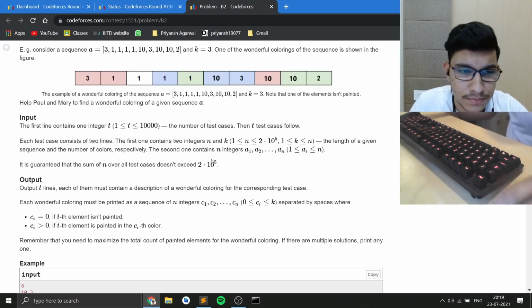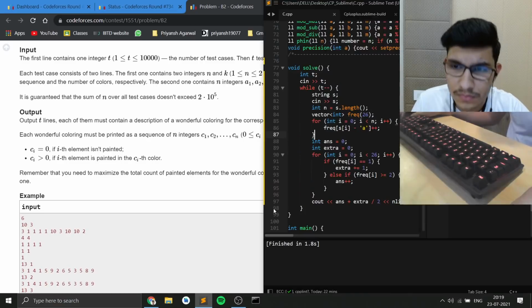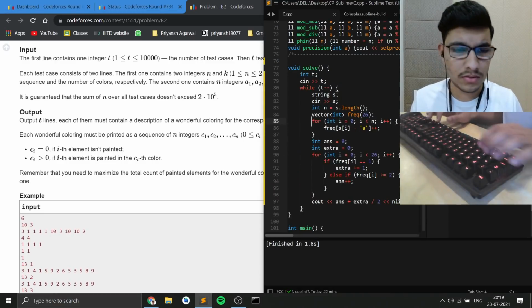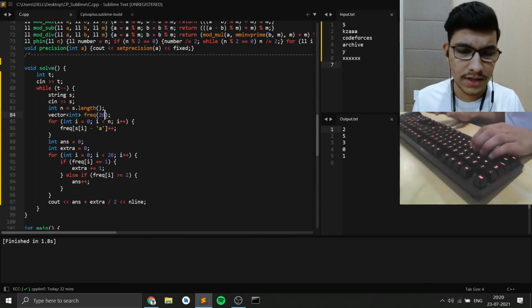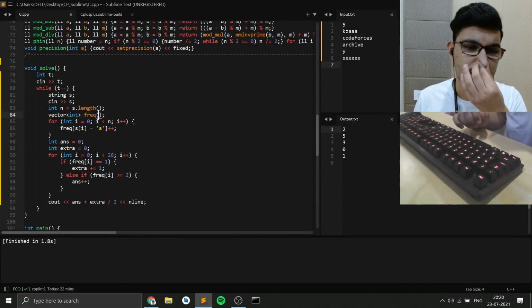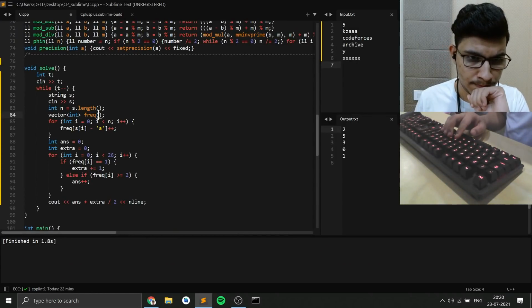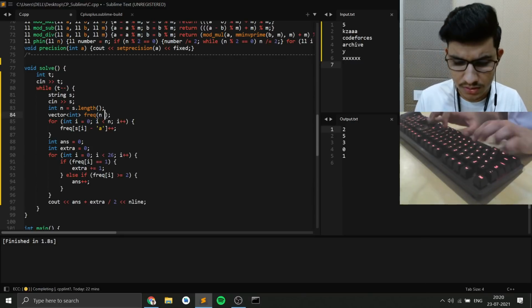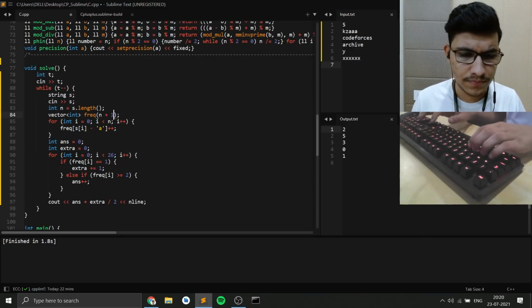So here, I can just maintain a frequency array like this. Frequency array of n, basically, because the numbers can be from 1 to n here.